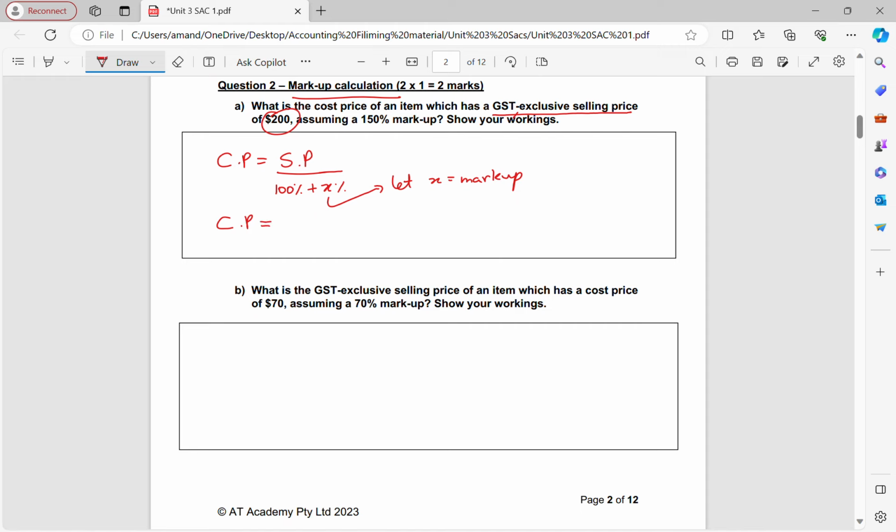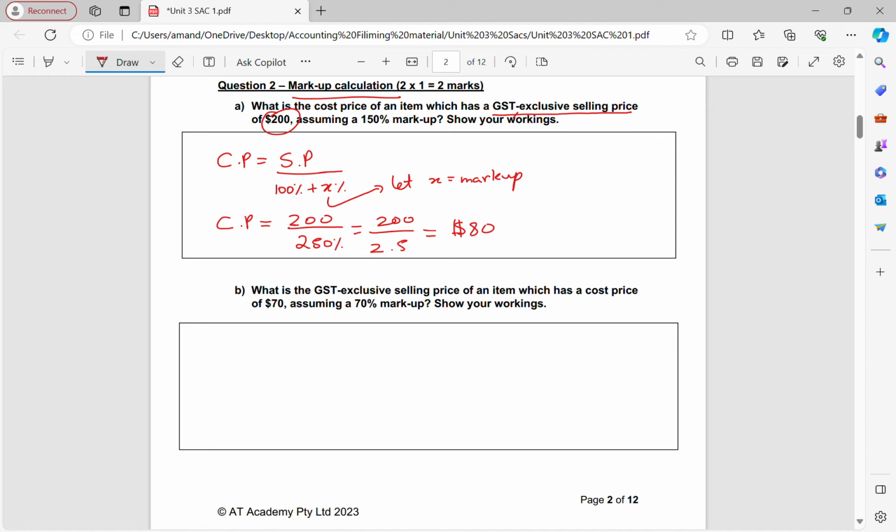Cost price equals 200 divided by 250%, which is simply 200 divided by 2.5, which is, if I'm not mistaken, $80. So that is the cost price of 80, which when marked up by 150% takes it to the selling price of $200.